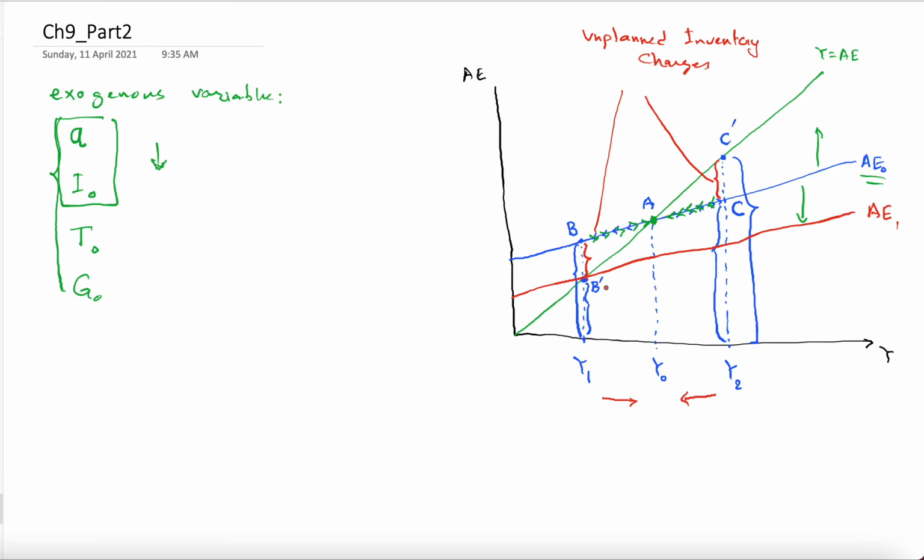Okay, so now equilibrium is going to be at point B prime. And let's assume, just for the sake of argument, that this is the potential GDP. It means the long-run level of output when the cyclical unemployment rate is 0.